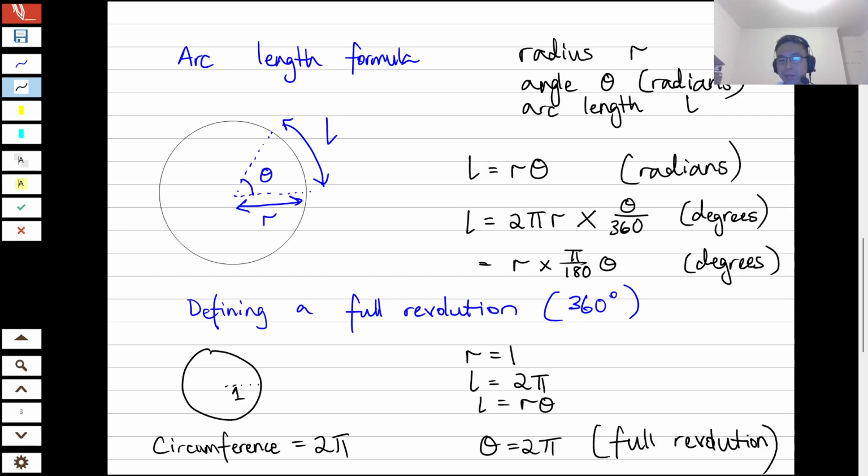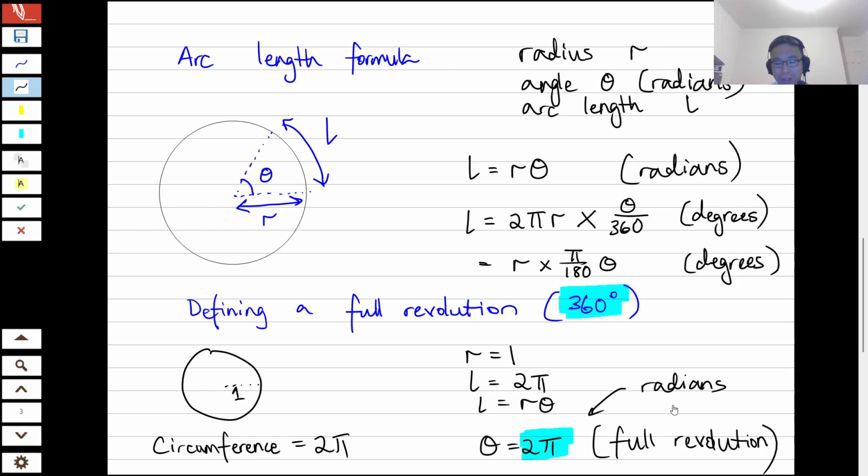Which means we will define 360 degrees as equal to 2 pi radians. Okay?